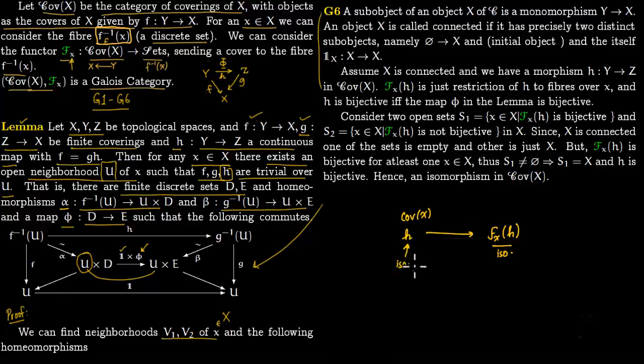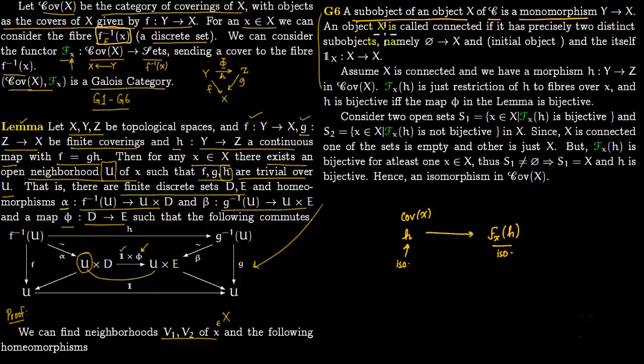As we have just seen in G5, there could be many objects which are disconnected, and therefore there could be many images here. So to get this, we have to talk about a connected object. First we talk about a connected object of a category. So a sub-object of some object x of a category C. First we define what a sub-object is. A sub-object is just a monomorphism of y going into x.